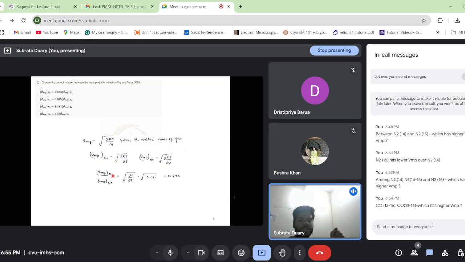Now if b has the value of a plus 1, then a into b plus 1 by a plus b plus 1 will always have a higher value than ab by a plus b. So if there is even one unit increase of mass, you will have a higher reduced mass, as a result of which CO 13 16 has lower VMP than CO 12 16. Any confusion or anything else?